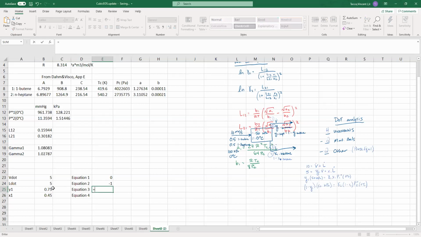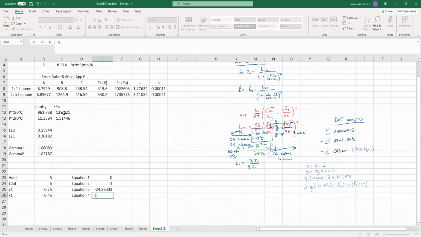So equals y1 times, let's see, do I want 50 kilopascals? Yeah, I want kilopascals. Times 50 minus gamma 1 times x1 times the vapor pressure, which in kilopascals is this one. Okay, and same thing for equation 4.